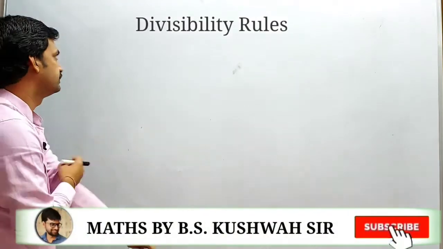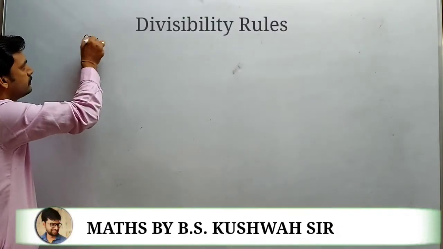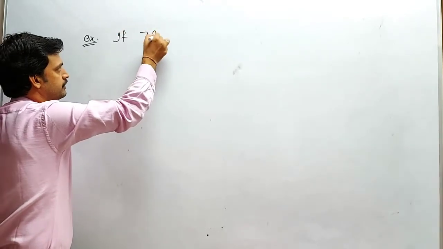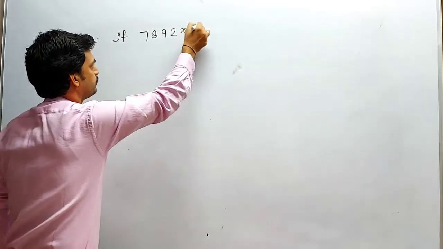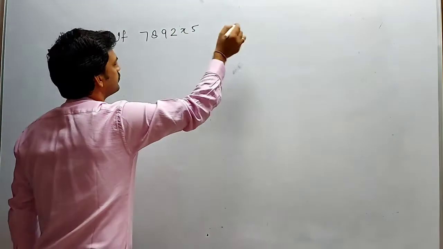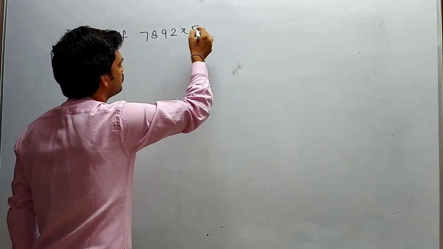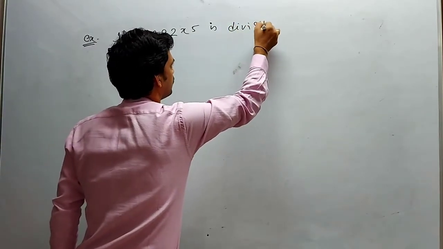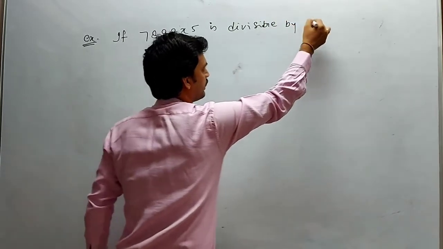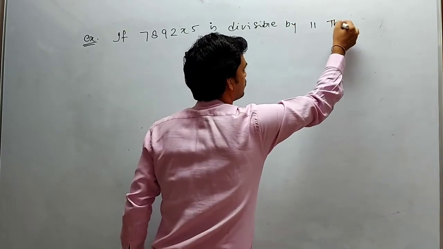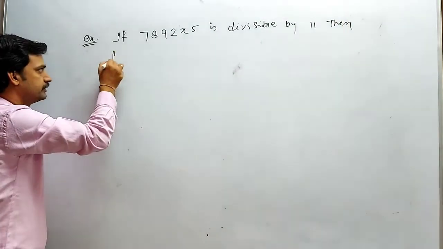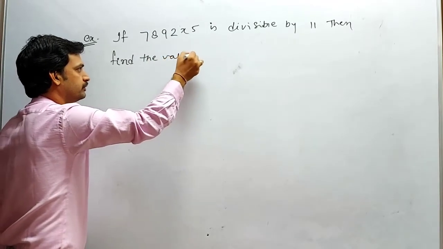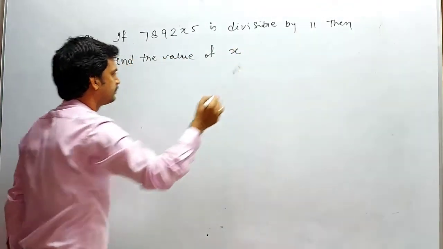Let's take one more example. If 7892x5 is divisible by 11, then find the value of x.